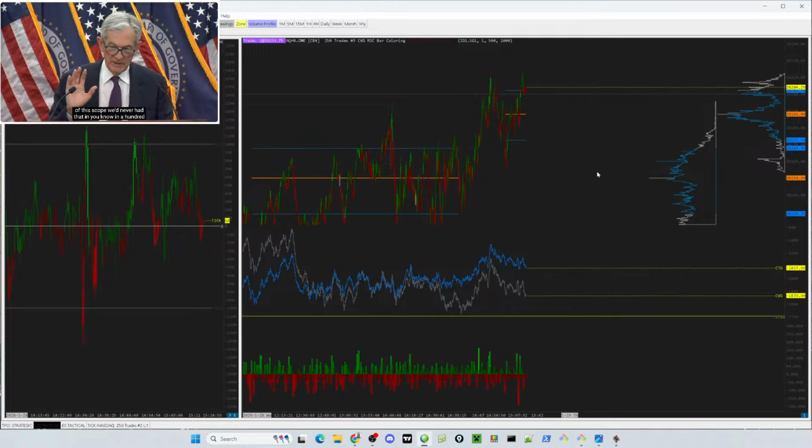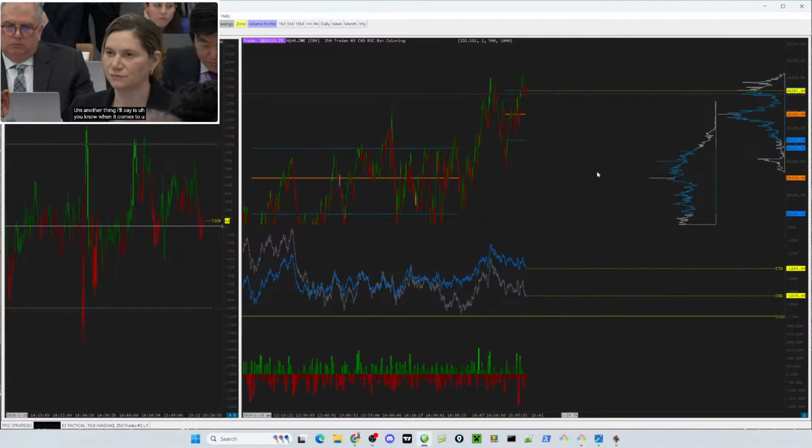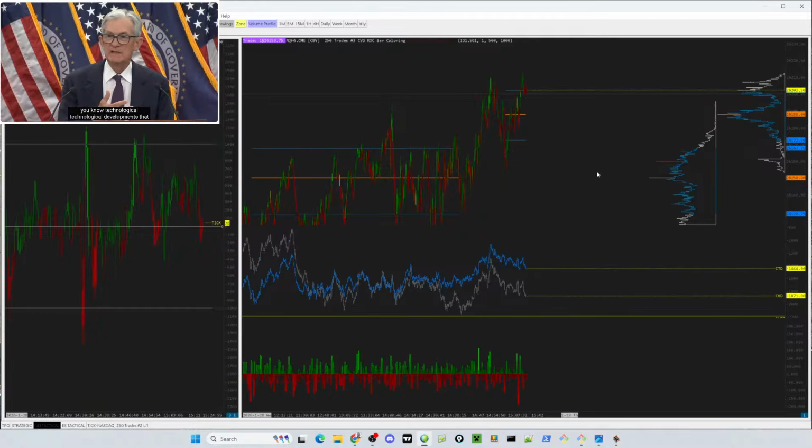Another thing I'll say is, when it comes to technological developments... Hey, what's up? It's all right, Jake. I actually accidentally hit the button earlier, much earlier. I was fiddling around with my charts and tweaking some studies, and it's kind of like a combination of charts that I'm actually looking at and then what you guys are seeing on stream.